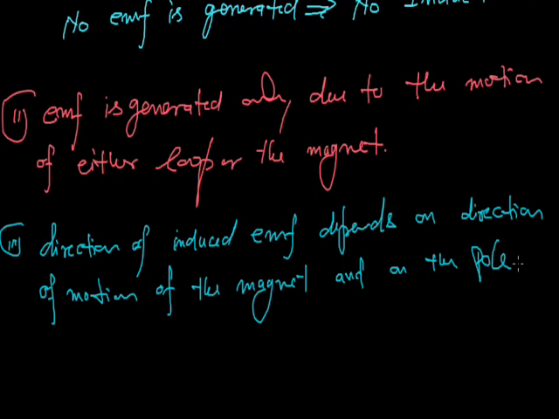Which pole comes nearer and which pole goes far away from the loop.